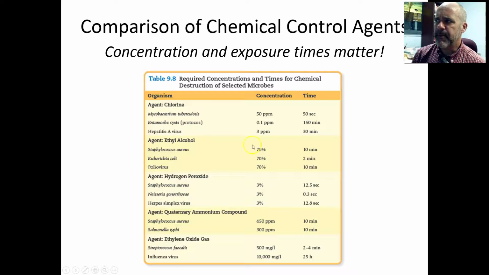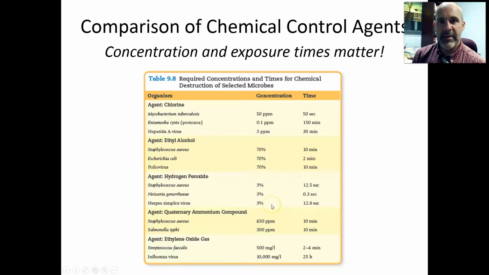A lot of things the concentrations are given as percentages. It's like ethyl alcohol, commonly used as a disinfectant at a 70% concentration. That means you would mix 7 parts ethyl alcohol to 3 parts water so that you have a 70-30, a 70%, 30% ratio. Look at hydrogen peroxide, 3% is your typical working concentration.